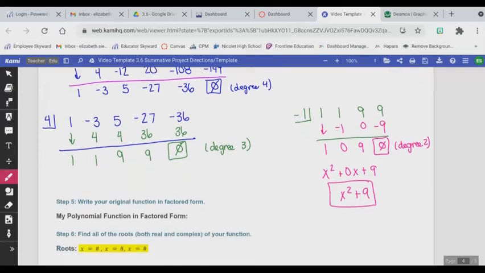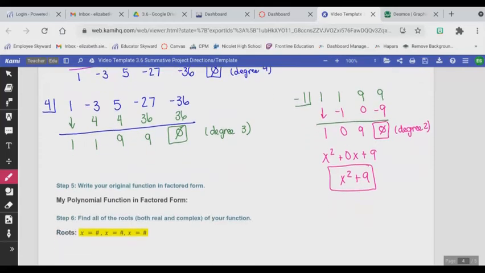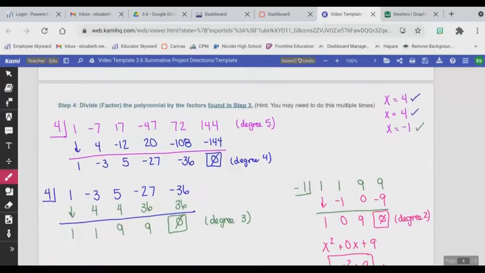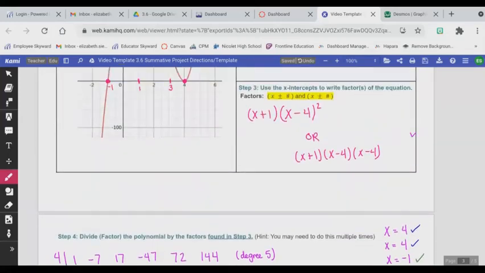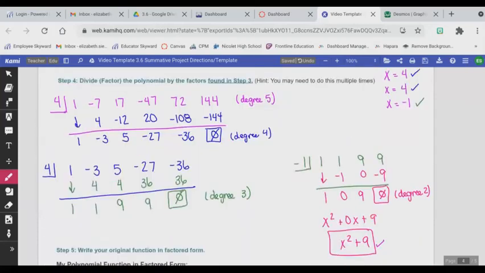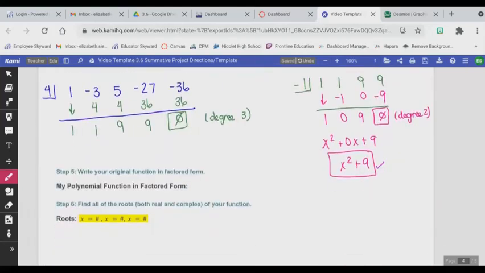Okay, and so that's part 5, is to now actually write out our polynomial in factored form. So that's not only using what we got here, but also the factors that we listed from the first part. Okay, so factored form for this polynomial, we would say is x plus 1.